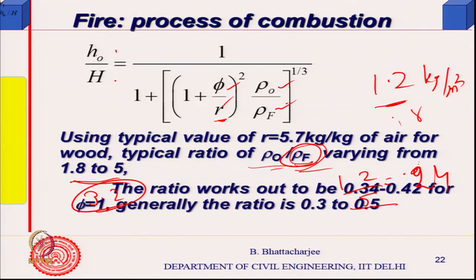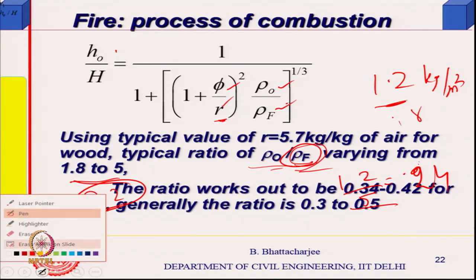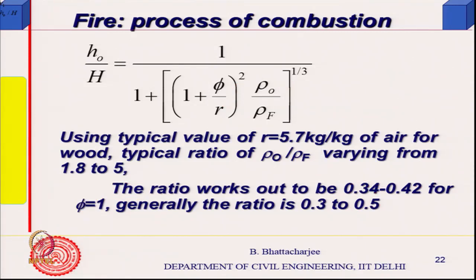This value seems to vary from, I am repeating this from last class. So, that is why I am going a little bit faster. So, typically this ratio works out to be 0.34 to 0.42, for phi equals to 1, but in the real case phi is not usually 1, it is somewhat higher.